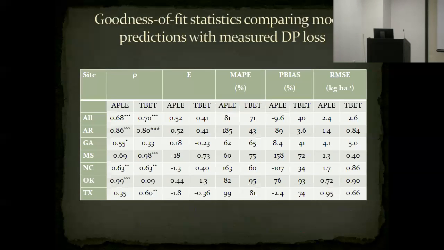And if we look at our goodness of fit statistics, now we see a correlation for the two models. I think that's okay. The model efficiency, certainly in hydrology, we're right on the borderline of what's considered an acceptable model.